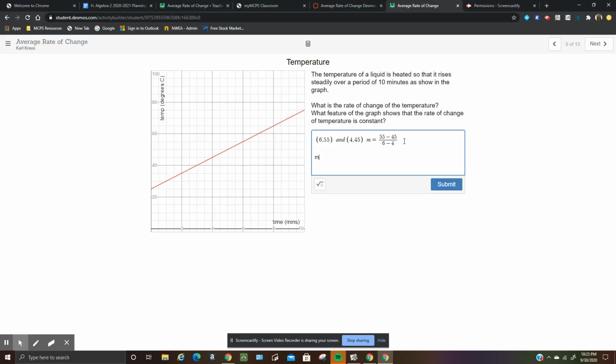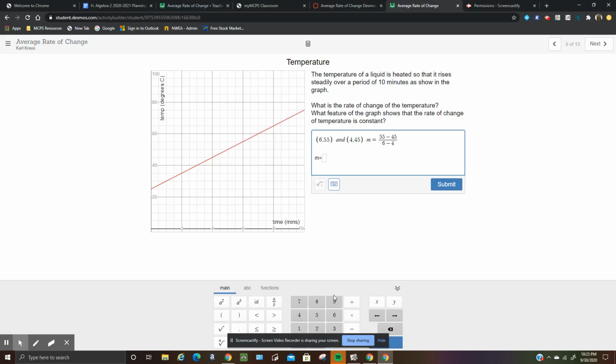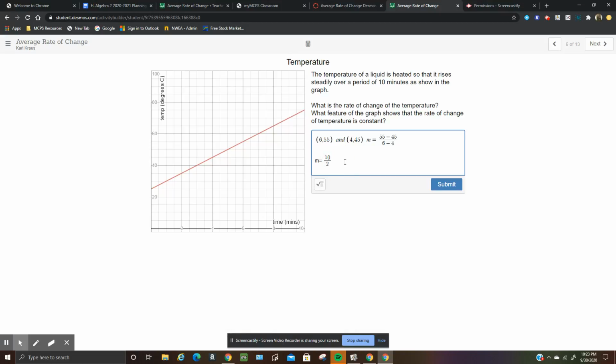So M is equal to, if I subtract these two, I get 10 over 2. So M is 5.